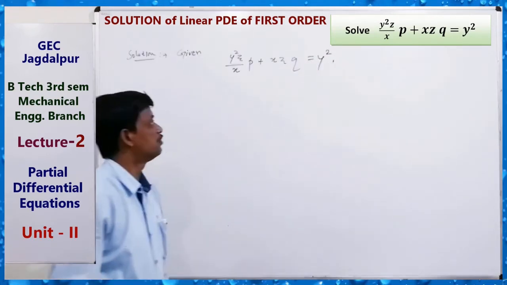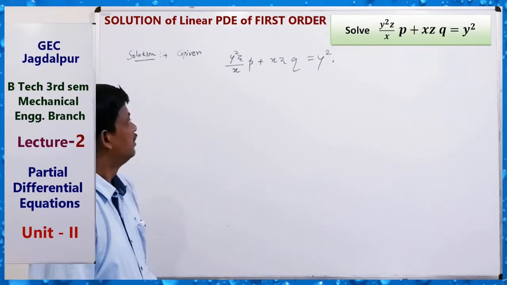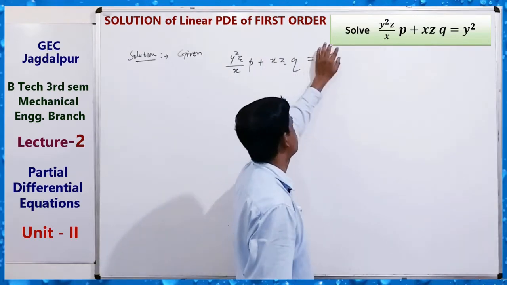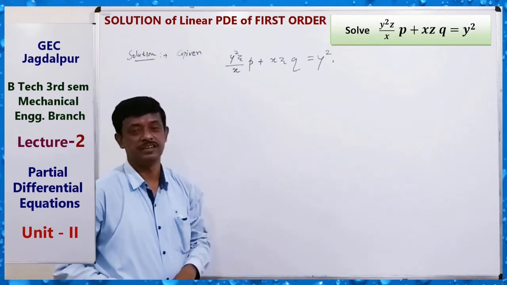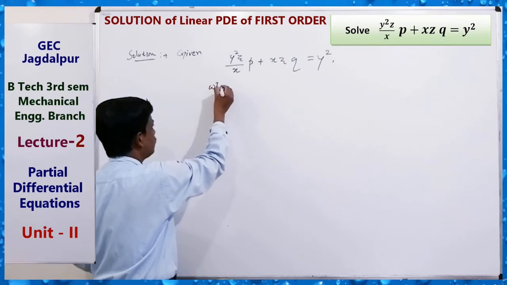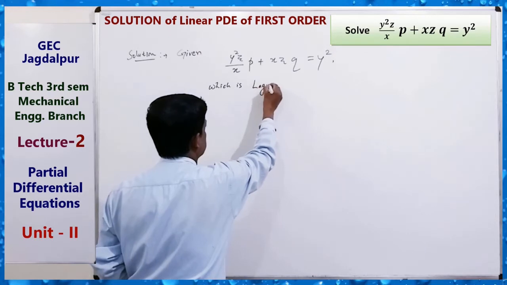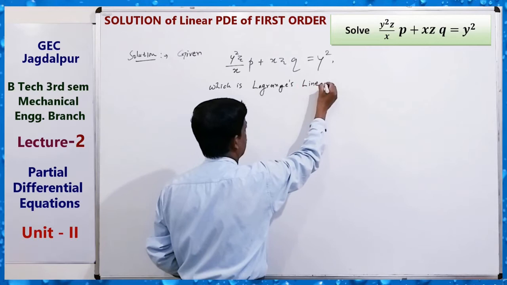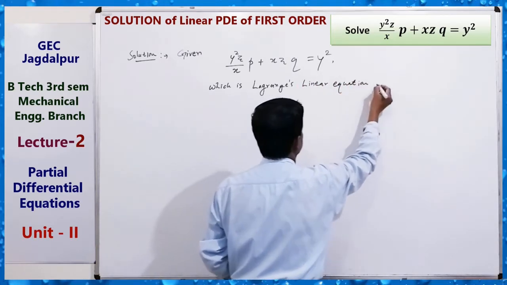Suppose this is the given differential equation and we have to solve it. These are functions of x, y, z. So this is a Lagrange linear equation type.